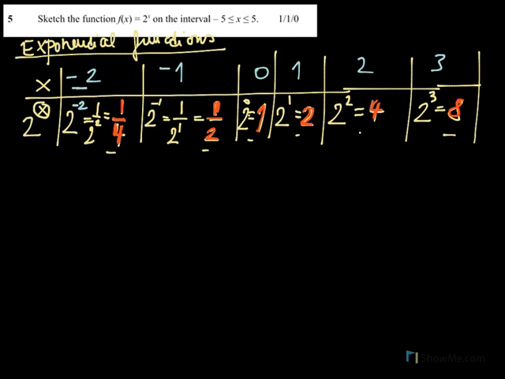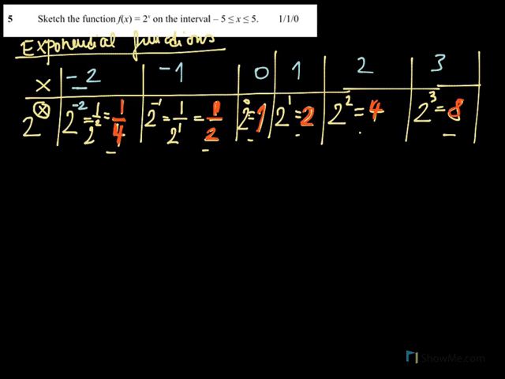When I take a negative exponent, I get a fraction. Even the smaller exponent, like the power of negative 100, would still be 1 over 2 to the power of 100. So very, very close to 0, but it would never be negative. It would never reach 0.